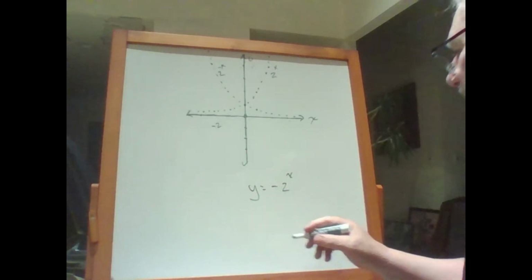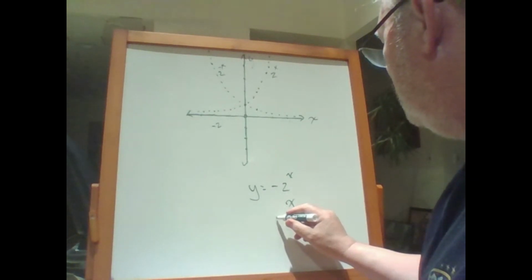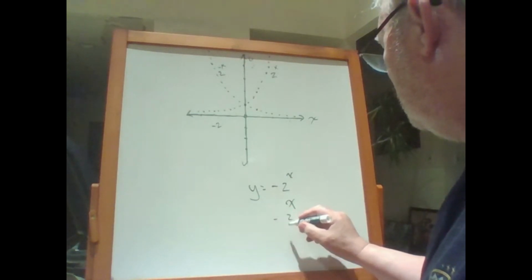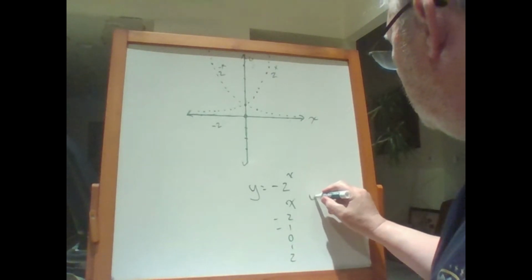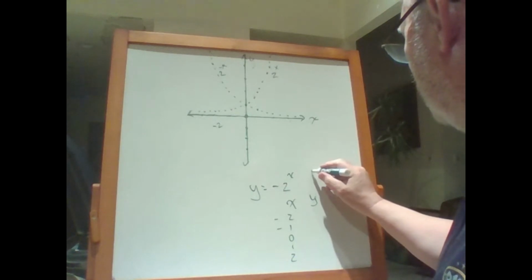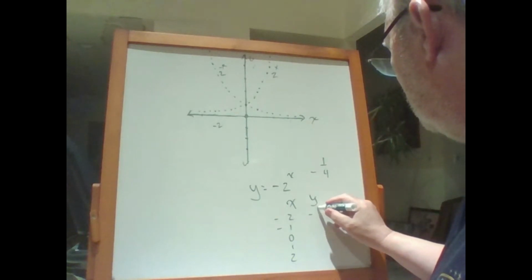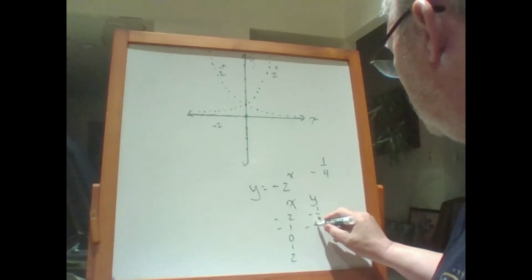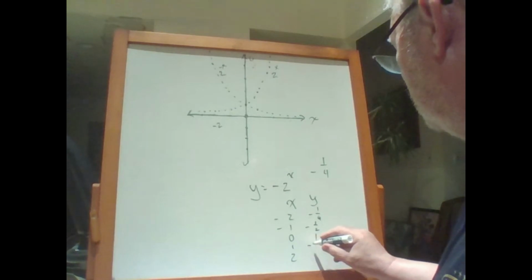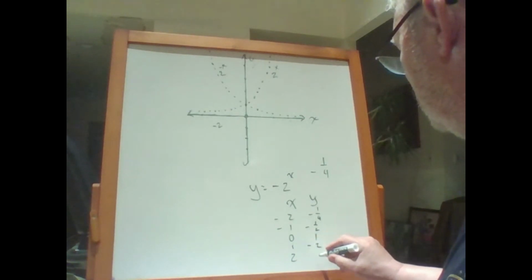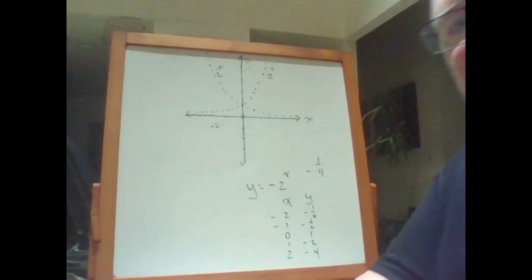Well, then we have x is minus 2, minus 1, 0, 1, 2, and y is equal to minus 1 on 4, minus 1 on 2, minus 1, minus 2, minus 4.